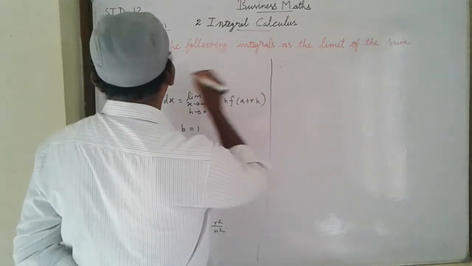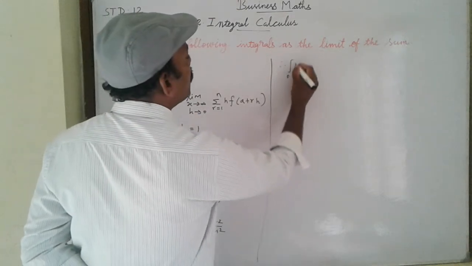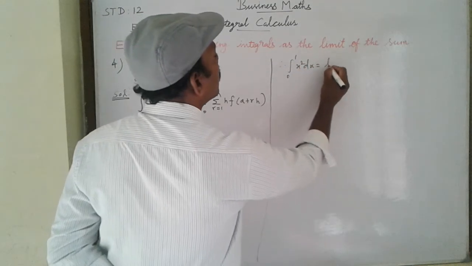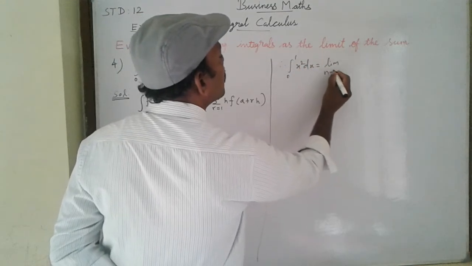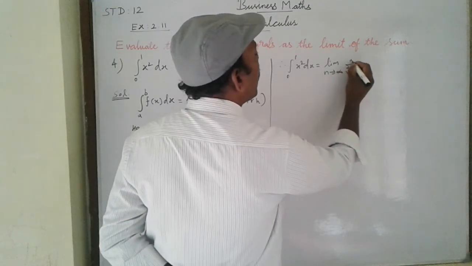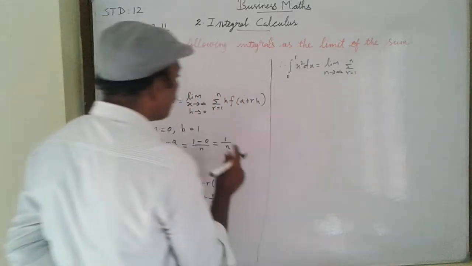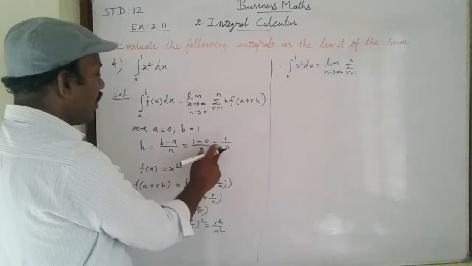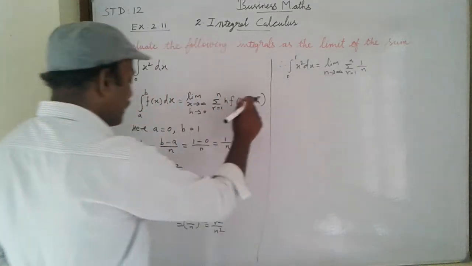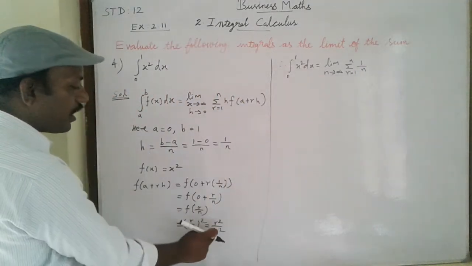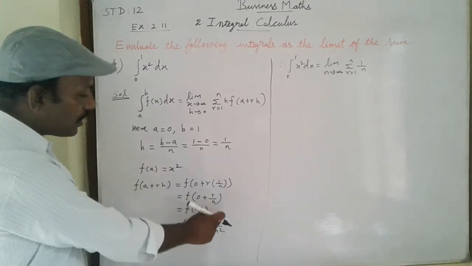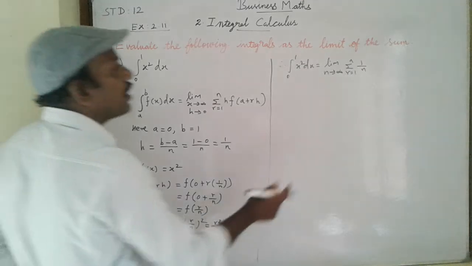Next, therefore we find the integral from 0 to 1 of x square dx equal to the limit as n tends to infinity, sigma r equal to 1 to n, h is 1 by n, and f of a plus rh value is r square divided by n square.